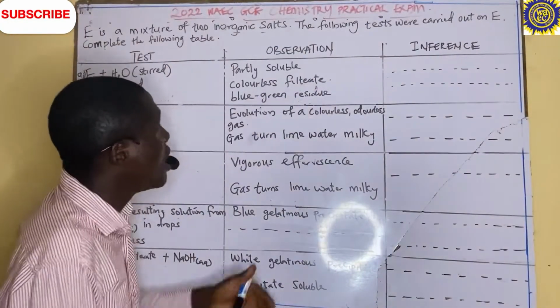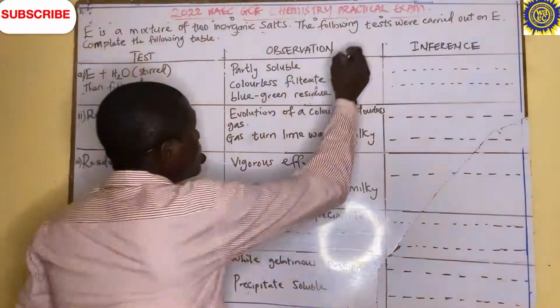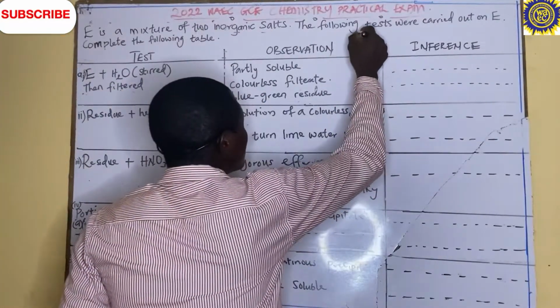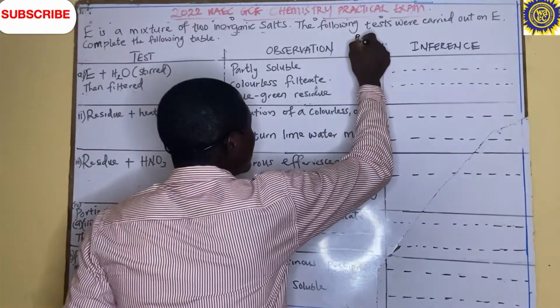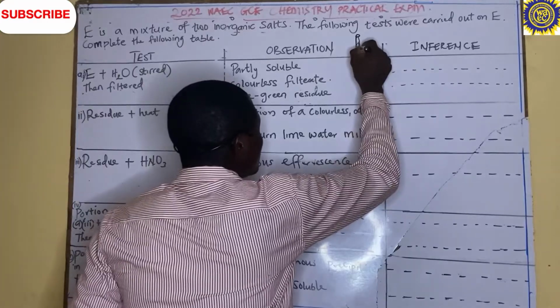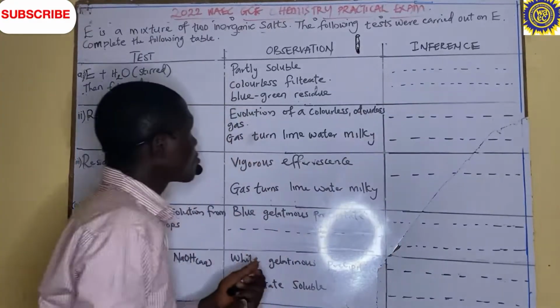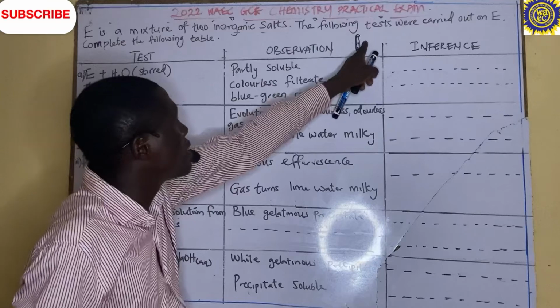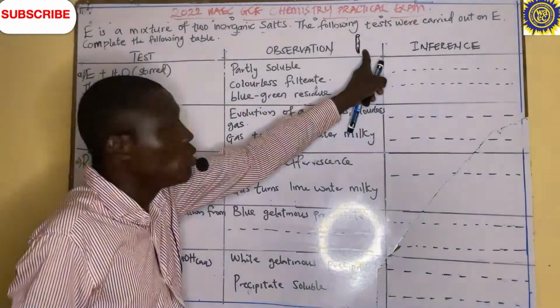Whenever you have a partly soluble solution, it means you are going to have filtrate and residue. The filtrate will stay on top, while the residue is like a solid below.